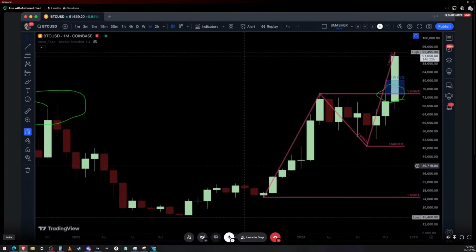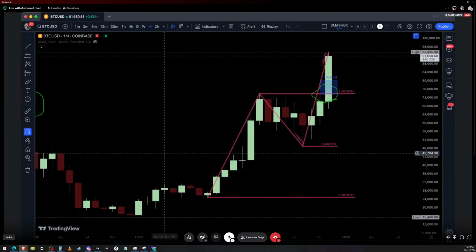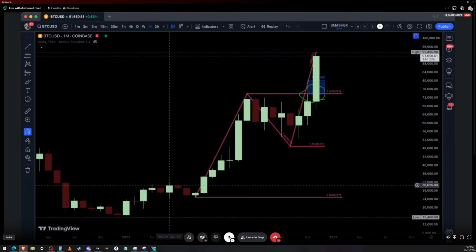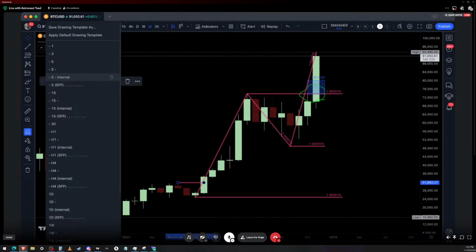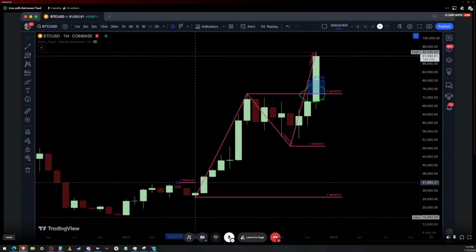So just looking at this, you can see after price broke above this level, let's see, where's the high? Right there. After price broke above that level, wow, it didn't come back.